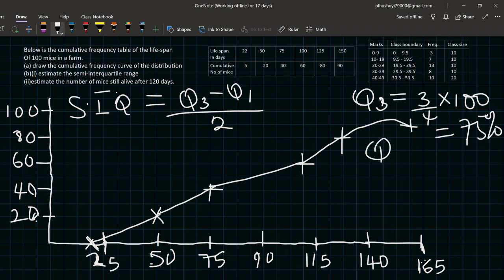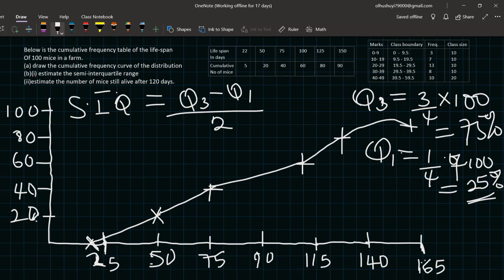Then Q1 is 1 over 4 of 100, and that is equal to 25%.